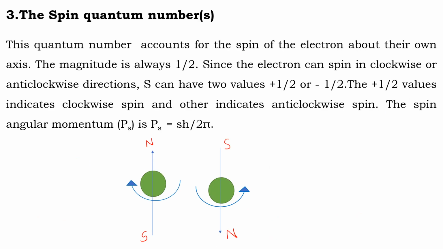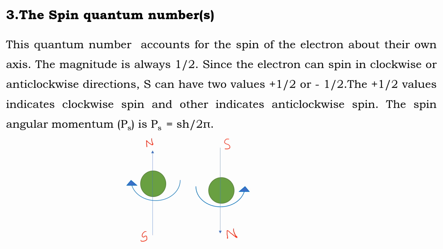Third is the spin quantum number, represented by S. In an atom, the electron revolving around the nucleus in an orbit at the same time spins about its own axis, and this spinning is represented by the spin quantum number. Its magnitude is always half because the electron is a spin-half particle.